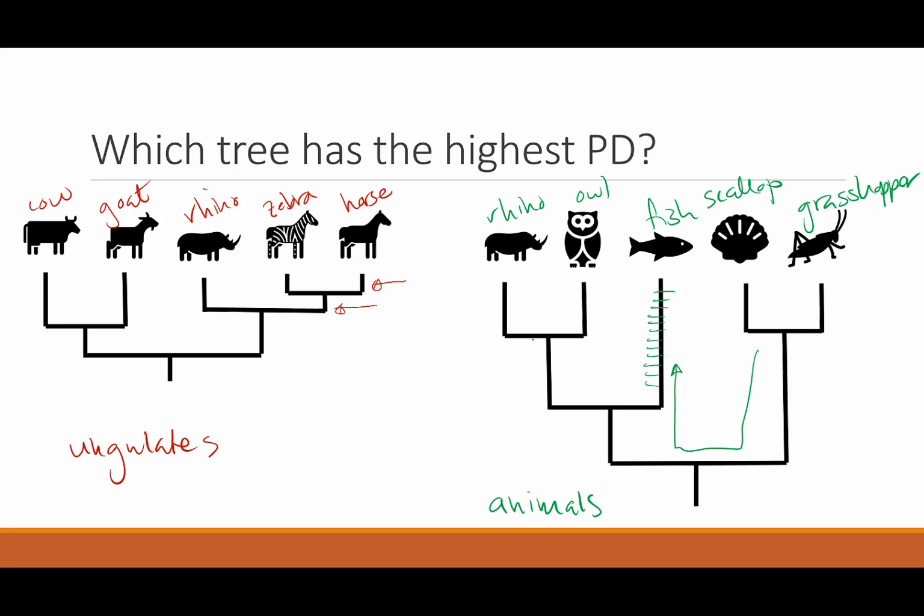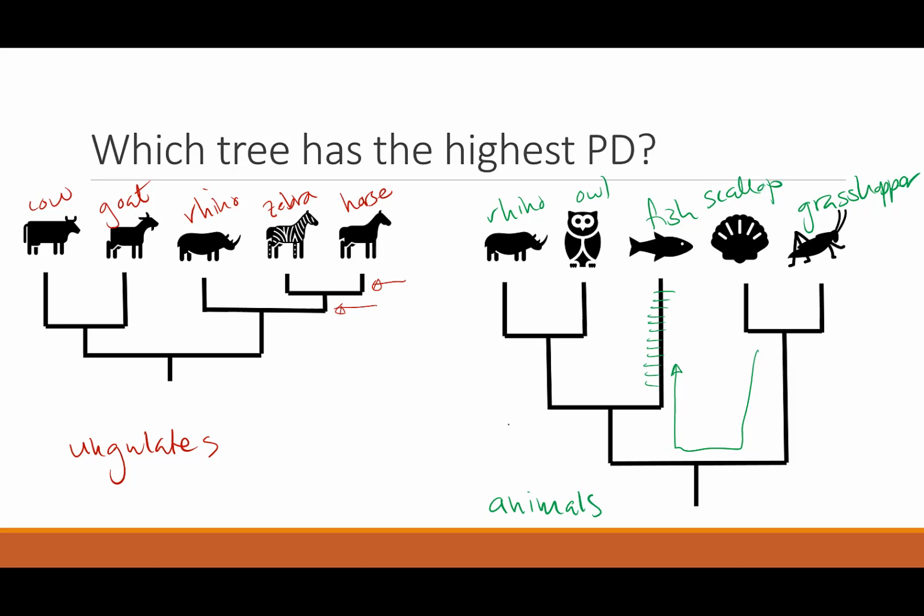Which tree has the highest phylogenetic diversity? And how you might simply look at this is if you are only looking at ungulates, which is a small group of vertebrates, right? Ungulates are also a small group of mammals. There is very little phylogenetic diversity here.